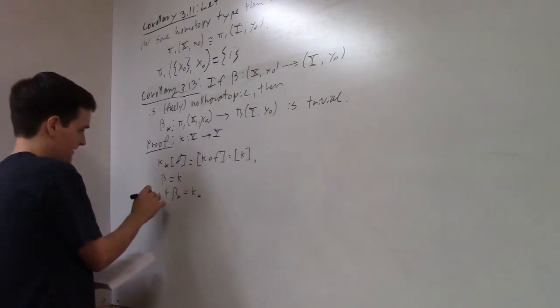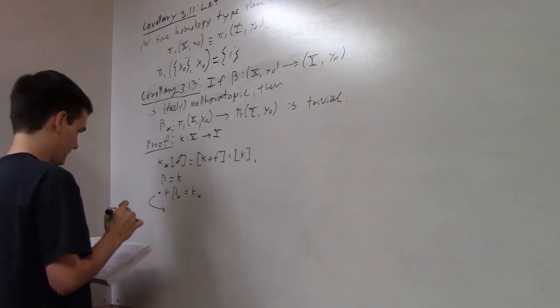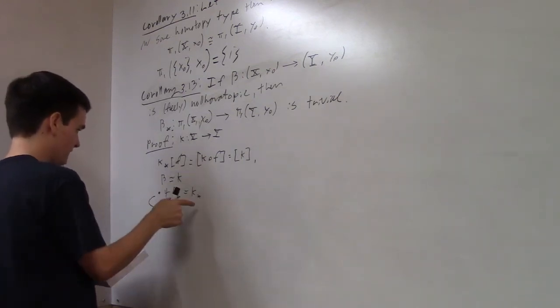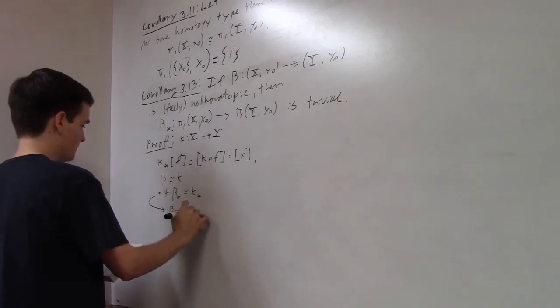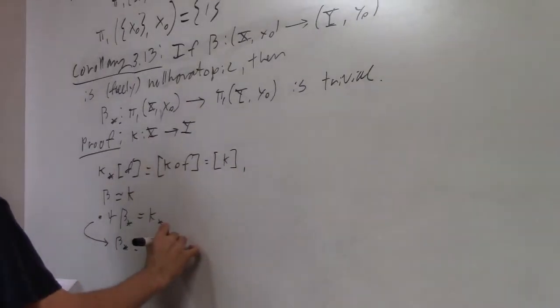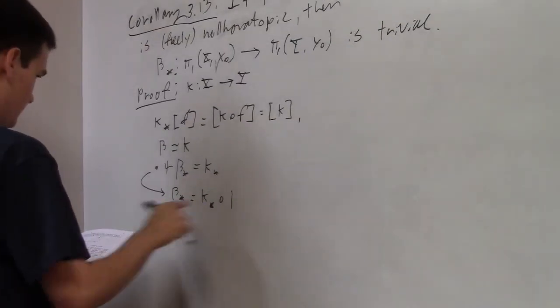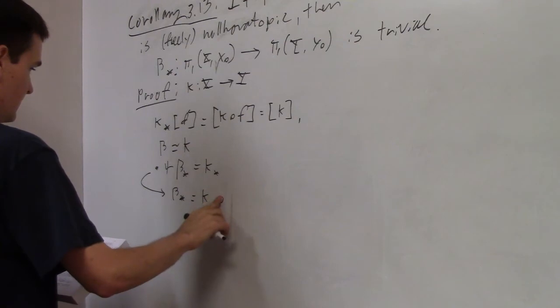This was the easy part I was thinking of. Once you have this, you invert the isomorphism, and you get beta star equal to psi inverse of K star.